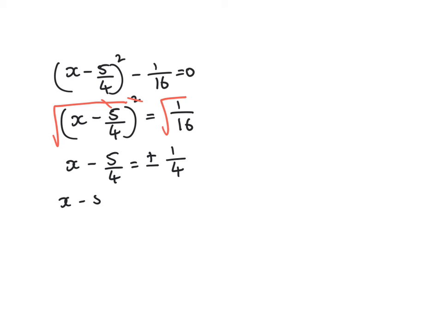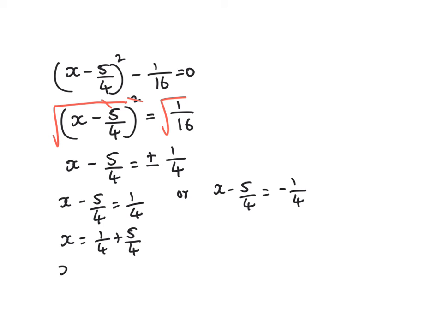x minus 5 over 4 is equal to 1 over 4, or x minus 5 over 4 is equal to minus 1 over 4. In the first case, x is equal to 1 over 4 plus 5 over 4, so x is 6 over 4. Simplified, 3 over 2. That's one root.